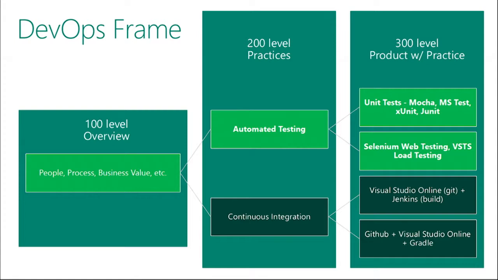And then from there, you can map to a bunch of different tools and processes that you can use to actually implement that practice, like unit testing using Mocha or MS Test, or Selenium web testing, or load testing, and so on. So that's what we're going to cover today.